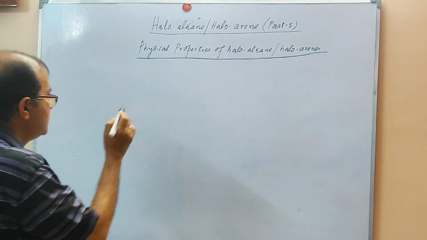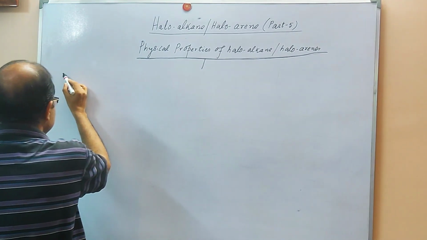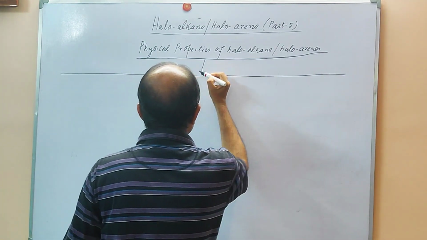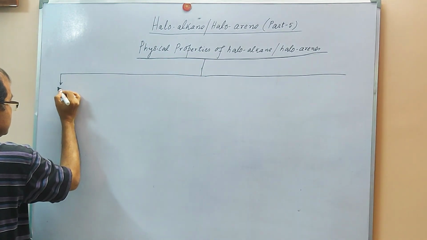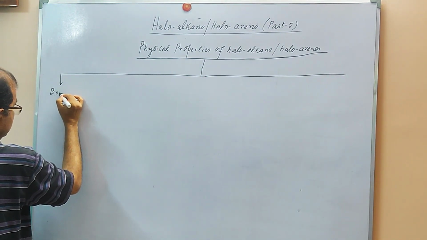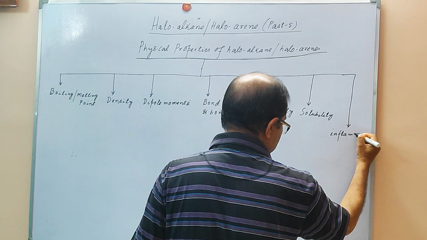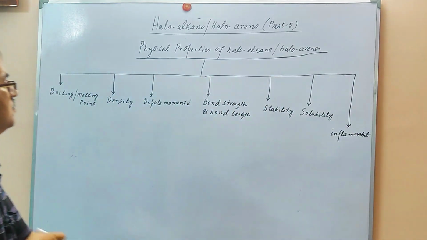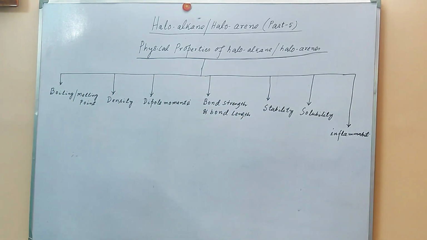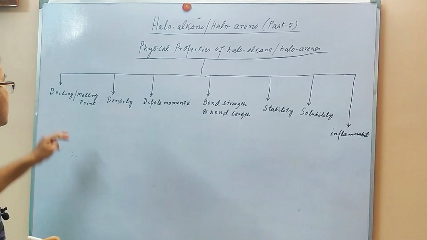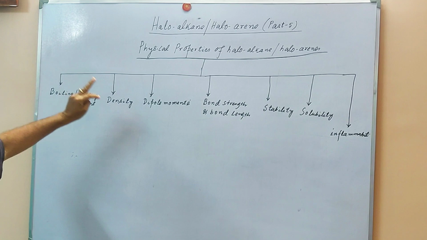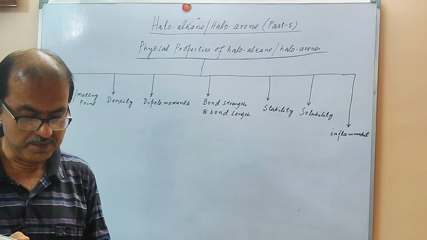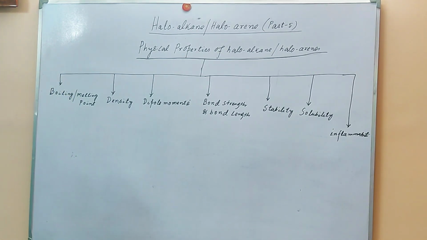First, let us make a list of what we will discuss in the physical properties. We will first discuss the boiling point and melting point, then density, dipole moments, bond strength and bond length, stability, solubility and affinity.